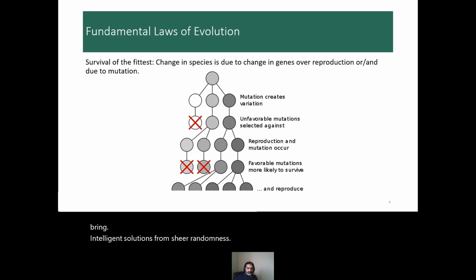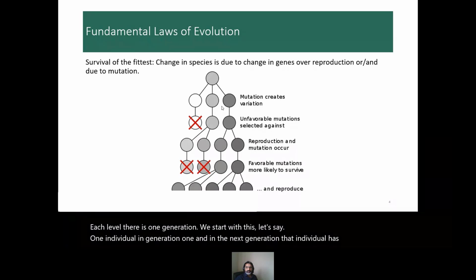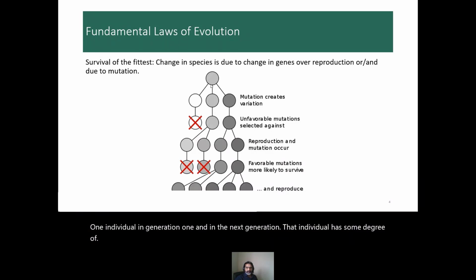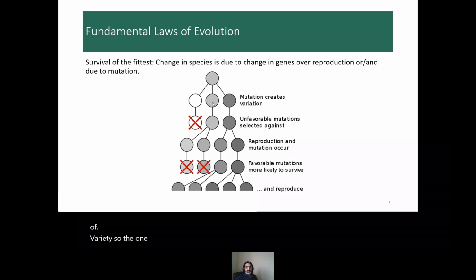Let's look at a crude example of how different operations of evolution work on different generations. Here we are looking at each level. There is one generation, and we start with, let's say, one individual in generation one. In the next generation, that individual has some degree of variety: one of the offspring is the same as the parent, but two vary in color.